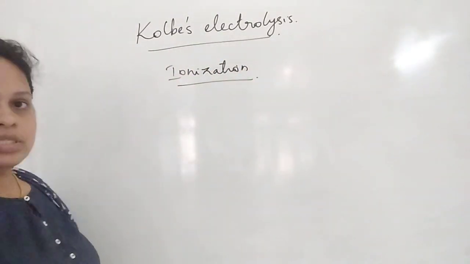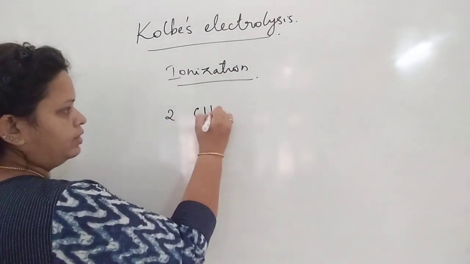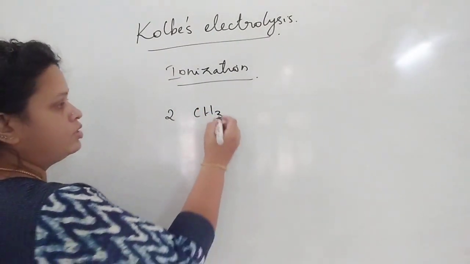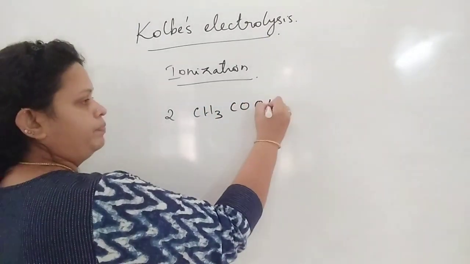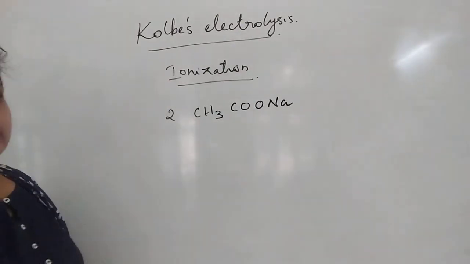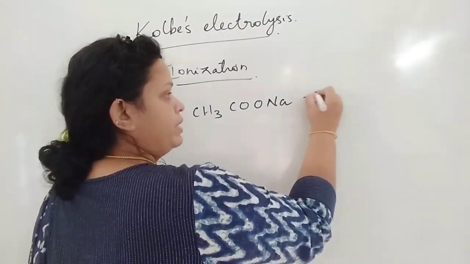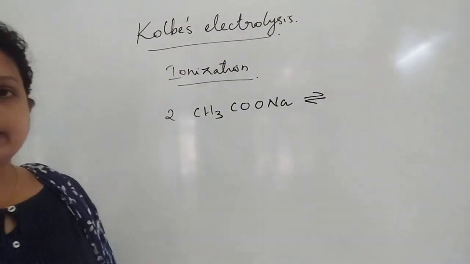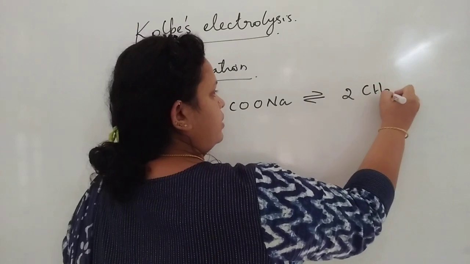Okay. For this ionization, suppose we take sodium acetate. You need 2 molecules of sodium acetate, and these 2 molecules will be ionizing. How will it ionize? It will ionize to give the acetate and the sodium ions.